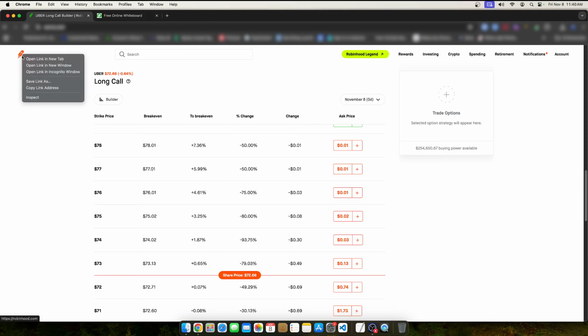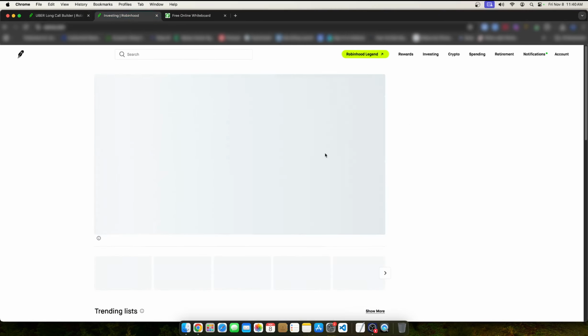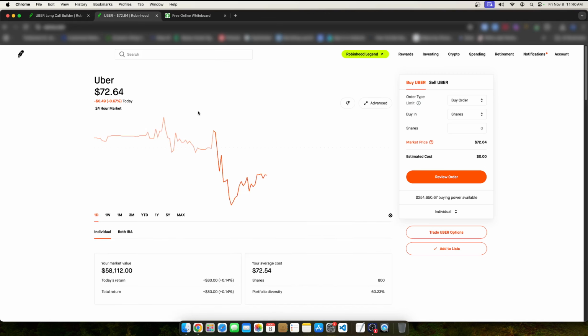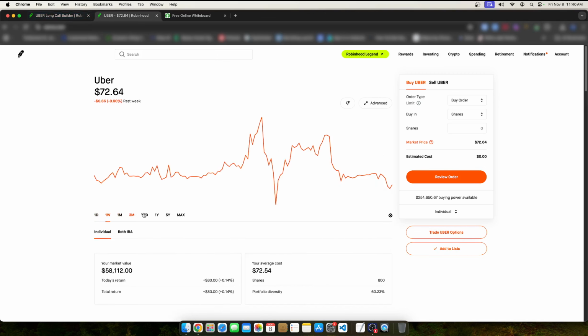So for example, I'll just go ahead and click new tab here, and let's look at the actual share price. Let's go here. Let's click on Uber. Currently, the share price sits at 72.64, right? And if we view how it looks for the past week, it's not a hard bet for us to say that this stock price is going to go up in value over time, especially based on the last week's chart.